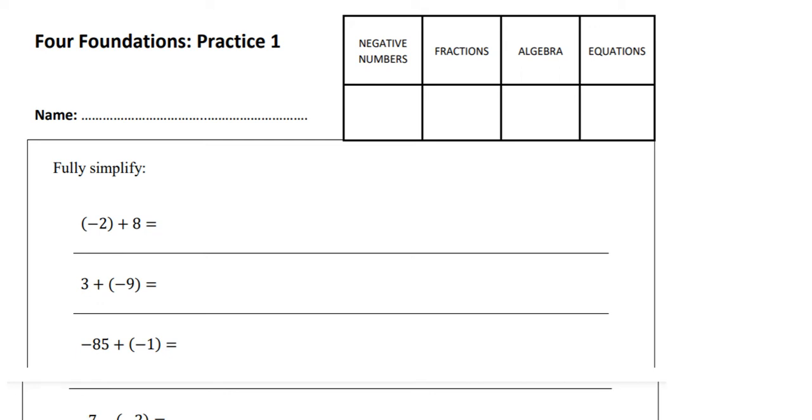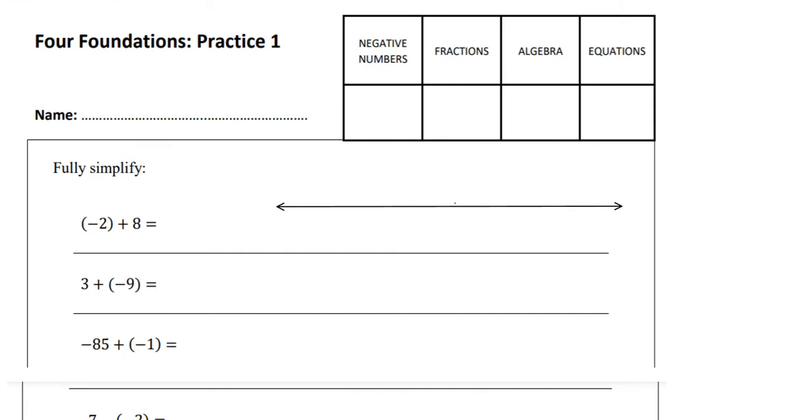This is a video for Year 7 students focusing on negative numbers, one of the 4 operations. And often when we are considering negative numbers, it's useful to draw a number line.